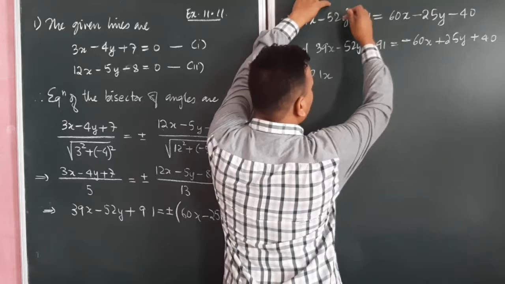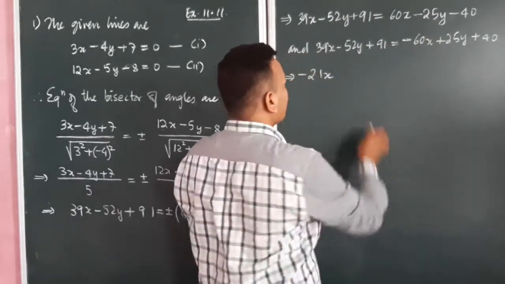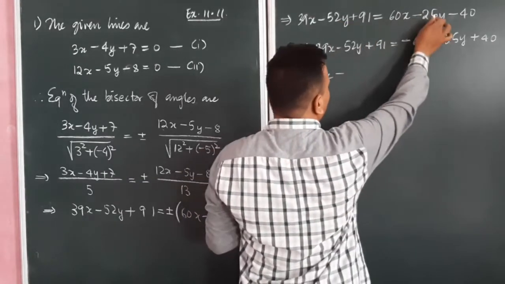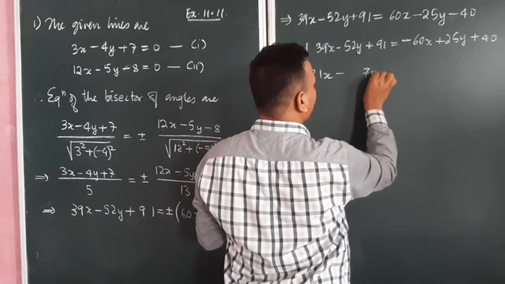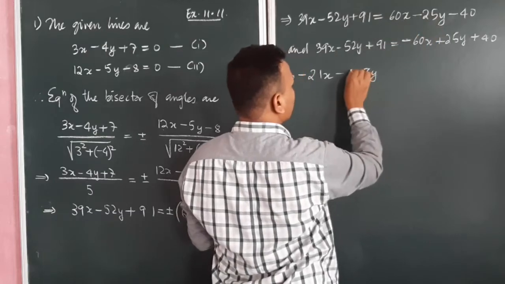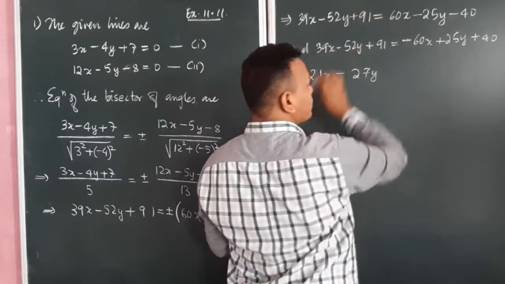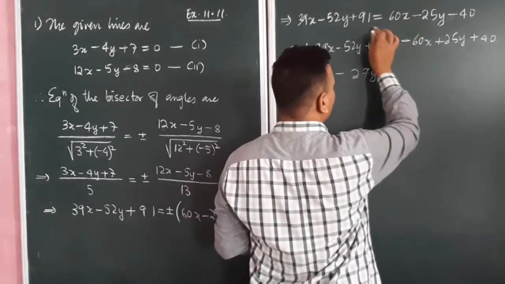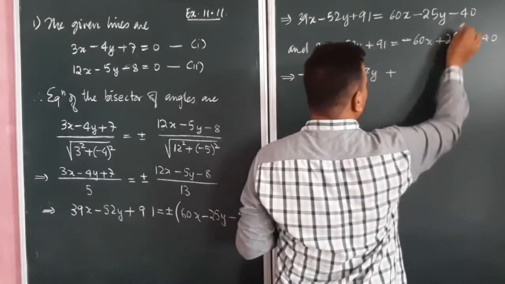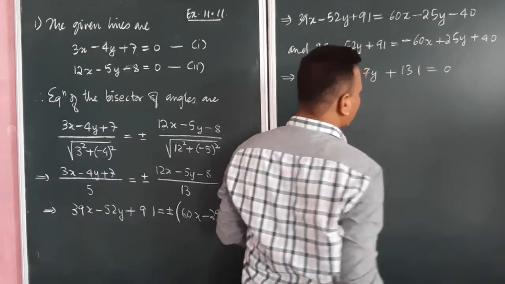Similarly, the y terms: 12 minus 5 is 7, so we have minus 7y. Then 91 plus 40 is 131 equals 0.